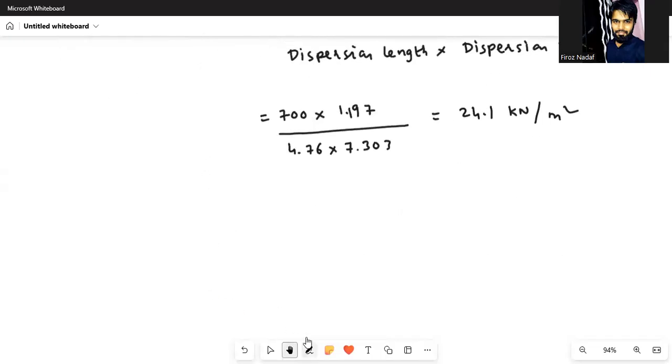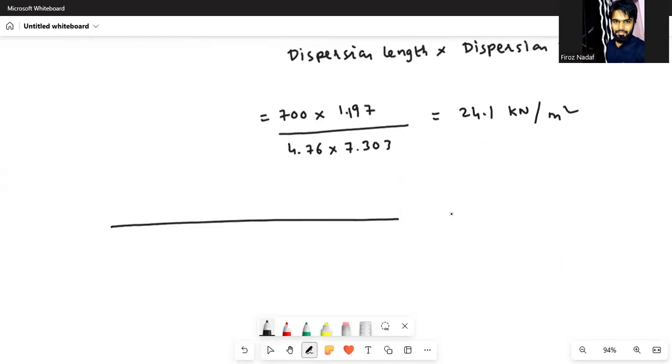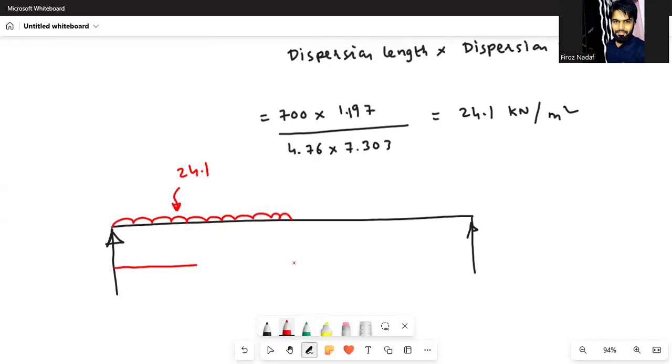So you need to find the shear force due to live load. This is your bridge. The total span is 6.4 meter. In this way, you put the UDL to get the maximum shear. Maximum shear will be at this support. The intensity of load is 24.1 and the length of the UDL is 4.76.